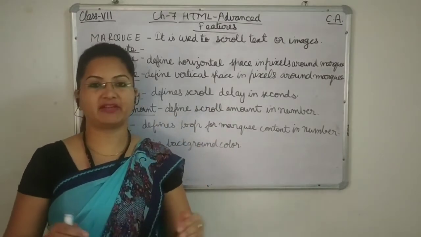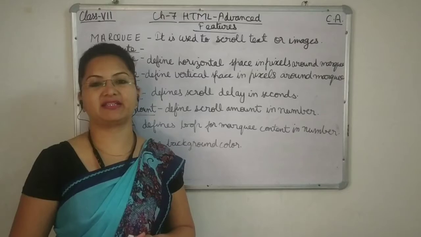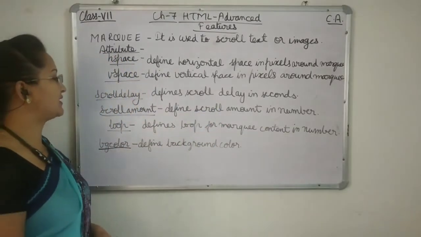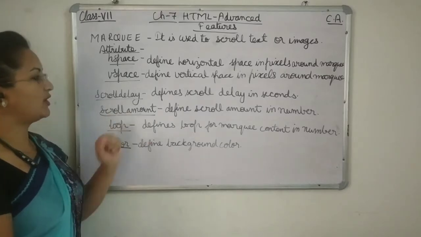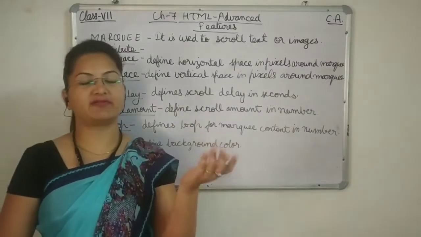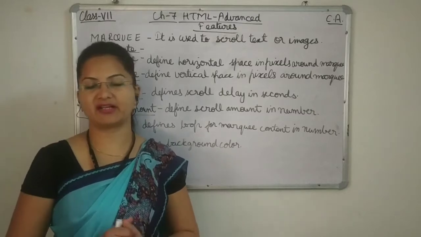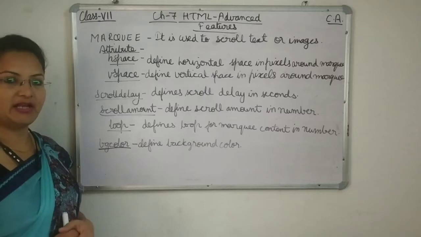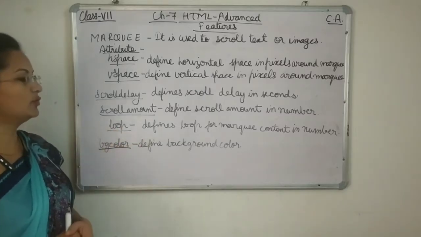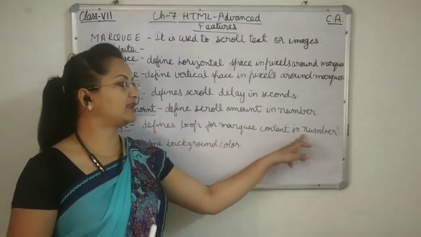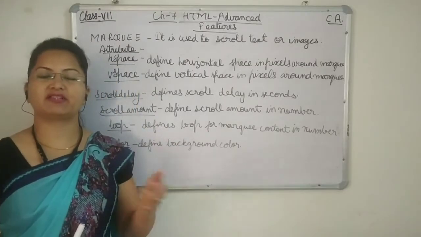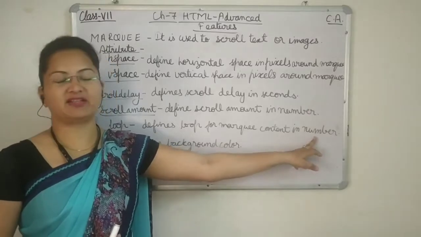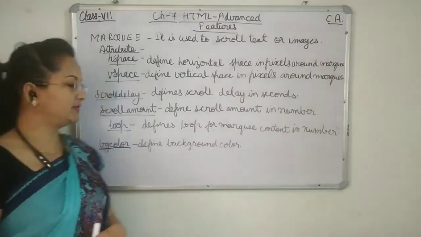If we have to change the speed of the marquee, meaning the moving text, we can use scrolldelay. Then scrollamount. Then loop. It defines the number of loops for the marquee content. Here it will scroll the text continuously unless we have specified a specific number in the loop.